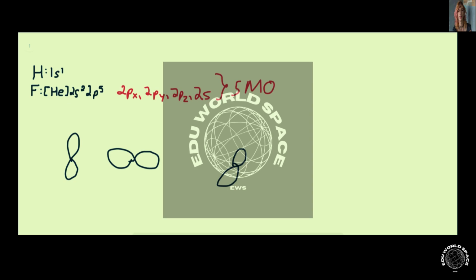This is going to be our py, this is going to be px, and this is going to be pz. Our hydrogen is going to interact with this. It's going to have this kind of overlap between the p orbital and the s orbital.